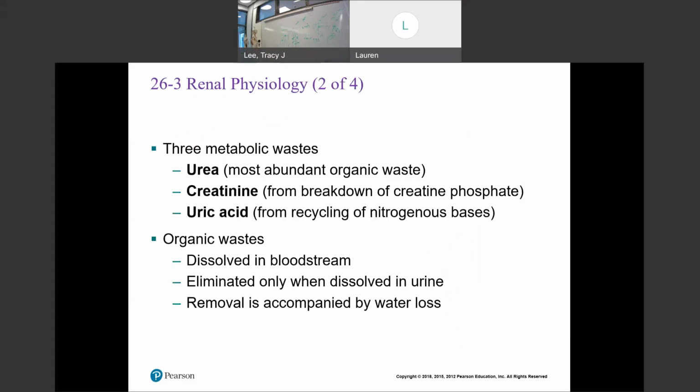All right. A few metabolic wastes: urea, which is an organic waste; creatinine, which is the breakdown of creatine phosphate, which is the storage molecule for energy in muscles, is one place we find it. And then uric acid is recycling of nitrogenous bases. So organic waste gets dissolved into the bloodstream.